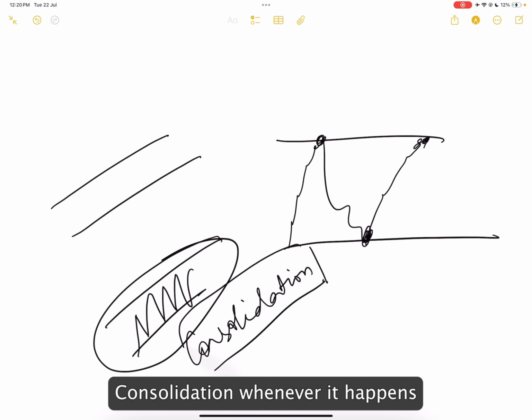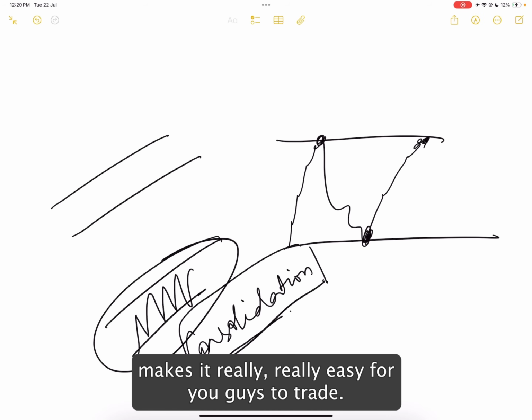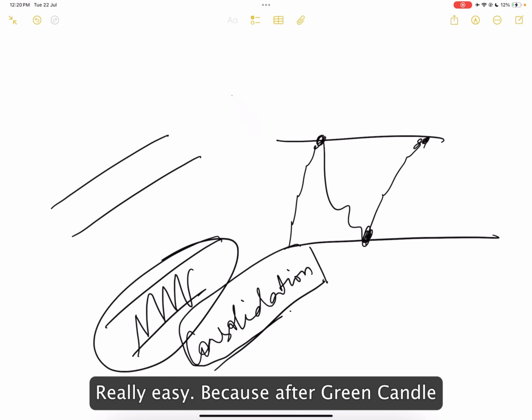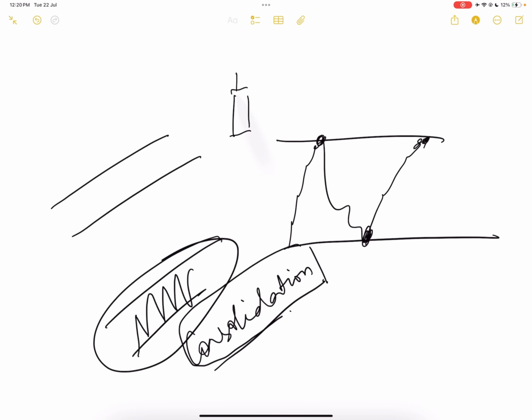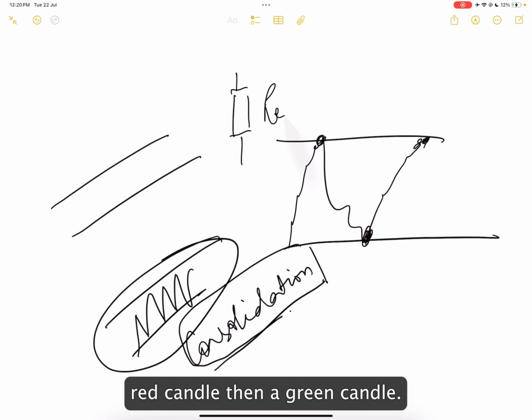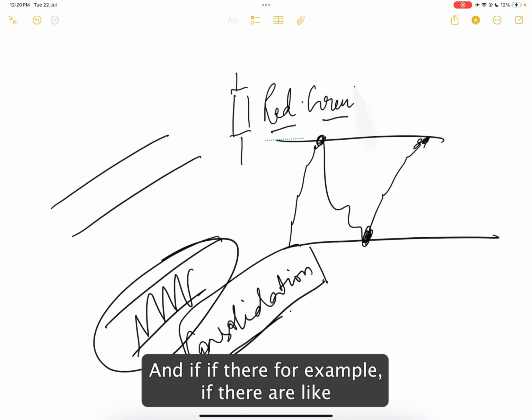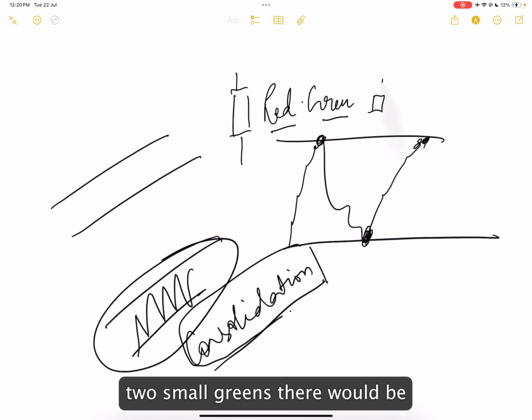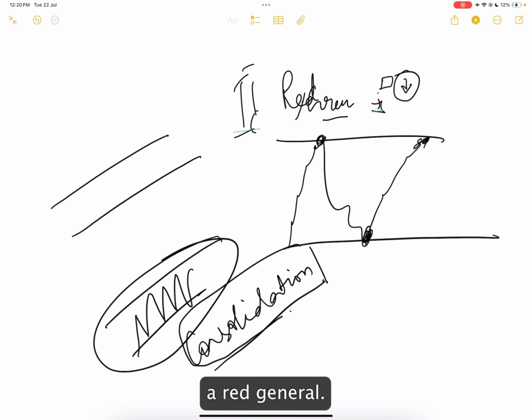Consolidation, whenever it happens, makes it really easy for you guys to trade, because after a green candle, there would be a red candle, then a green candle. And if there are, for example, two small greens, the third one would be red.